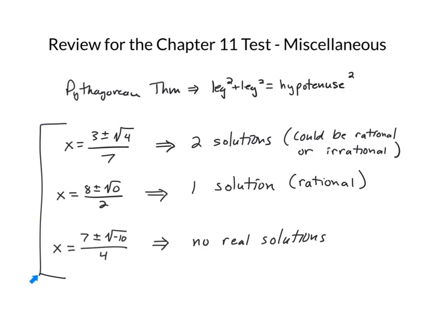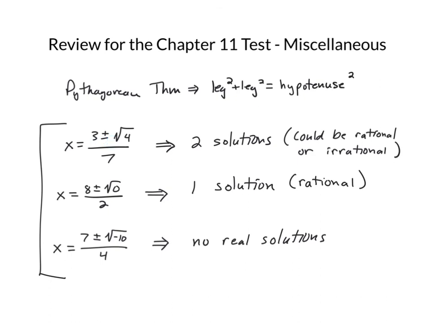Now these here, I'm going to have a couple questions that have to do with understanding what happens depending on the number under the radical. So if the number under the radical is positive, you're going to get two solutions. You're going to get the 3 plus that number and the 3 minus that number.